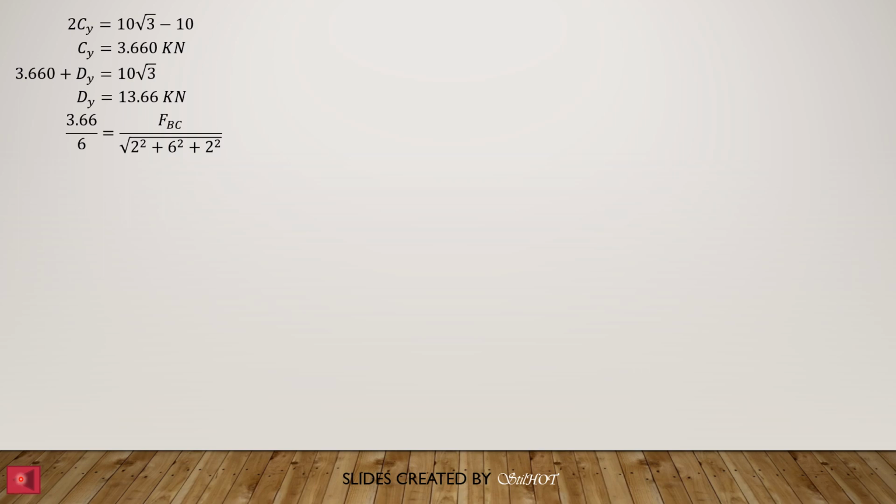So if we go back to the preceding slides, the distance BC is equal to square root of 2 square plus 2 square plus 6 square plus 2 square.